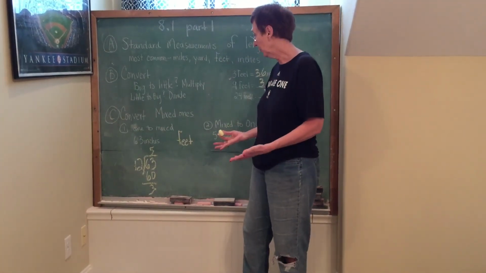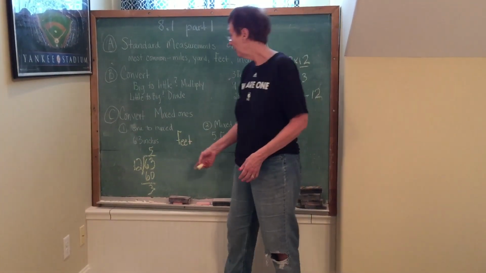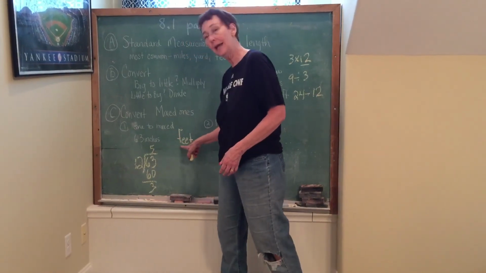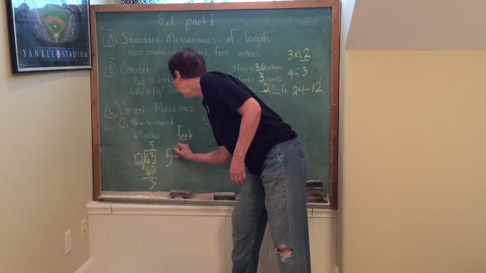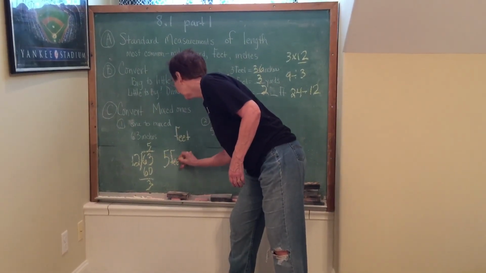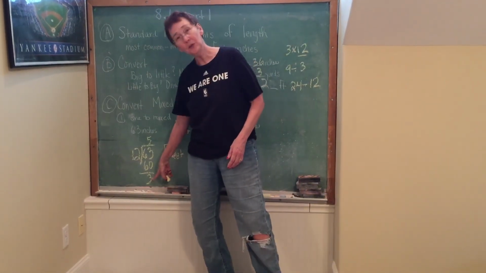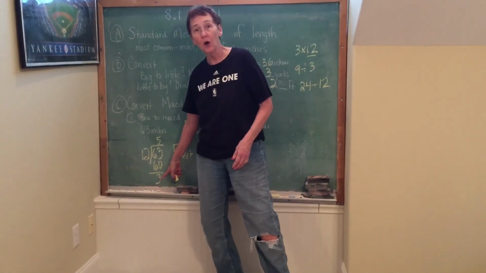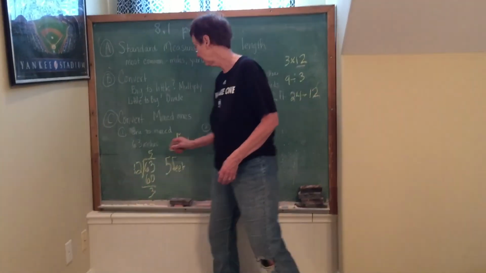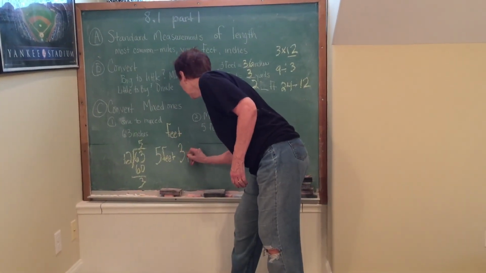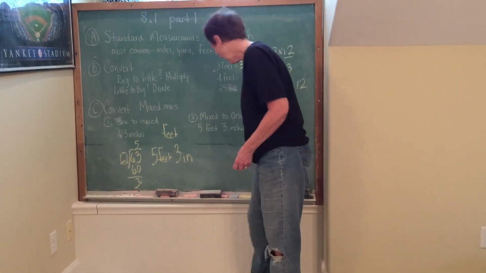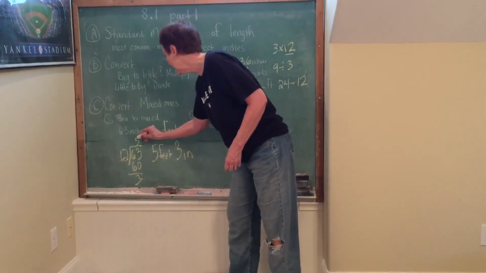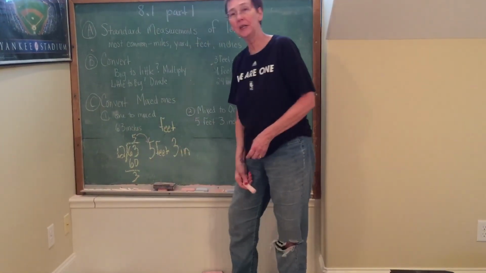So what do you do? Well, it didn't go in evenly, but the number that it went in is how many feet. So it's 5 feet, and then your leftovers, your remainder, are the leftover inches. 3 inches, okay? So how many times it went in is your feet.